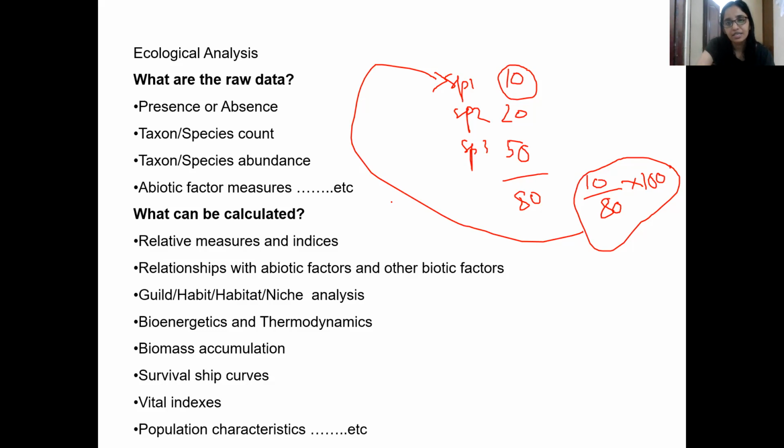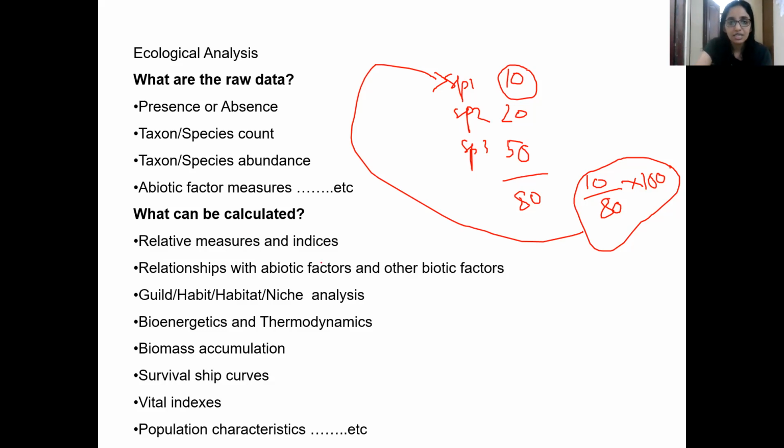When you are dealing with one site or a few species, it is okay to look at individual numbers or individual relative measures. But sometimes you have to compare over many different sites, many sampling events, or many different species. At that time, to make sense of data which looks like an Excel sheet with thousands and thousands of entries, you want to boil it down to a single number.